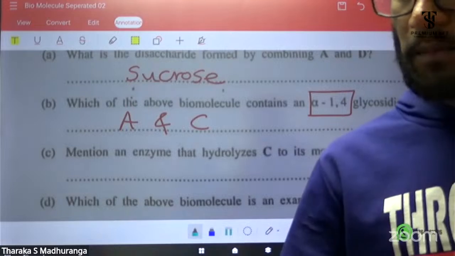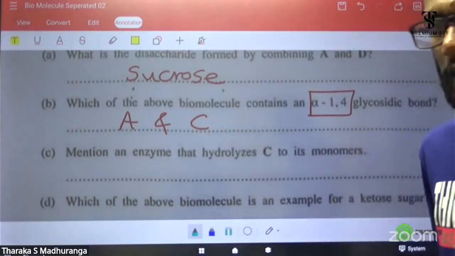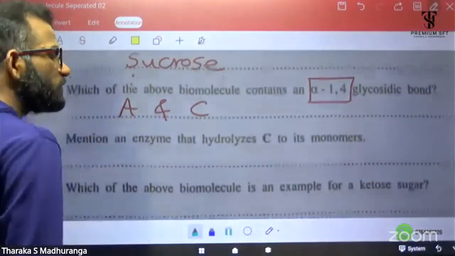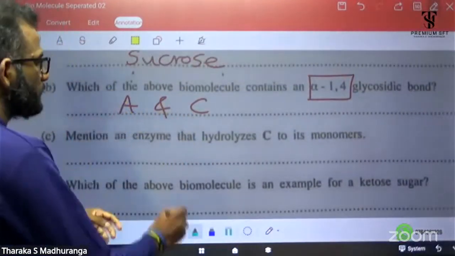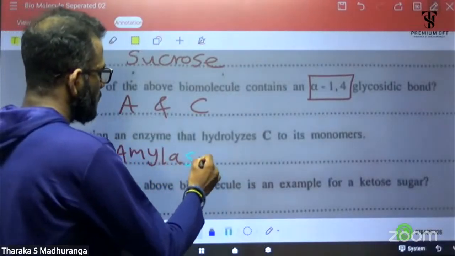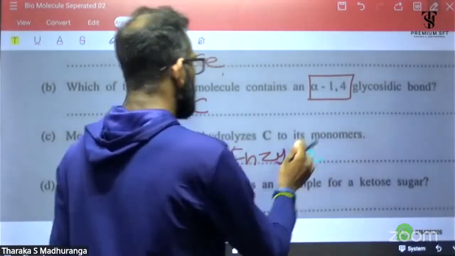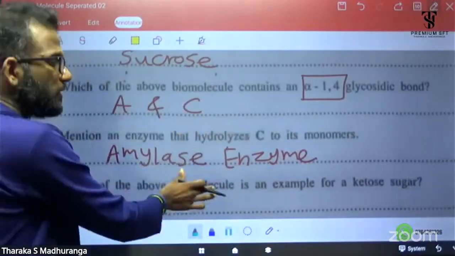What is this enzyme? Yes, very good. Amylose is broken down by the amylase enzyme, and starch is broken down by the amylase enzyme.